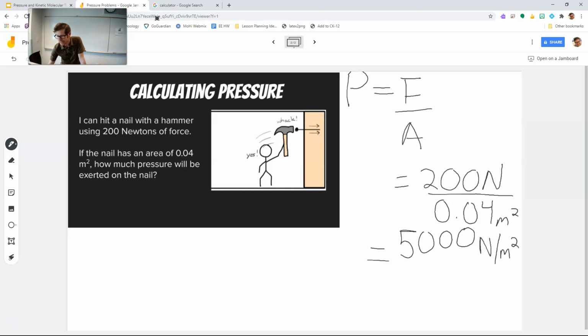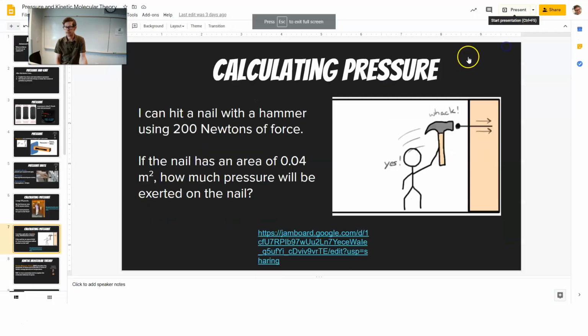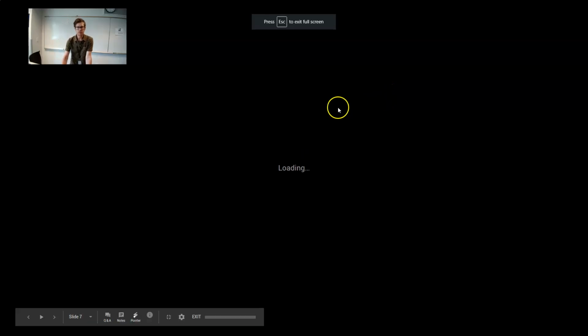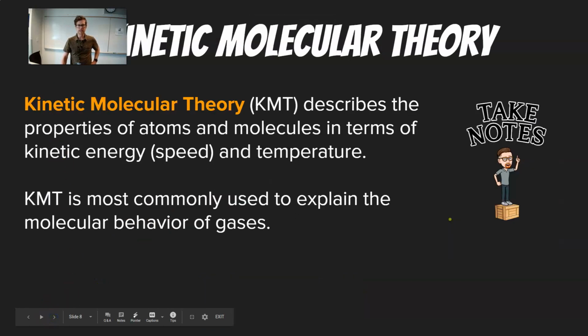Remember, we said that that is the same thing as a Pascal, right? So it's 5,000 pascals, or Pa. Pa is the symbol for Pascal.